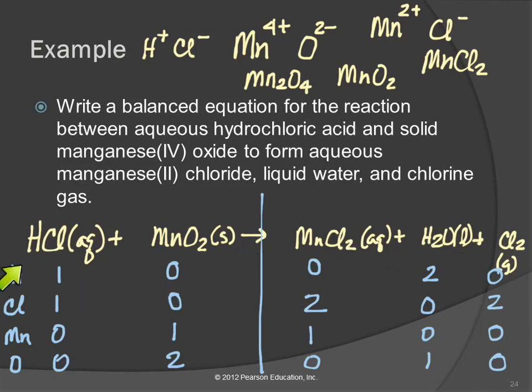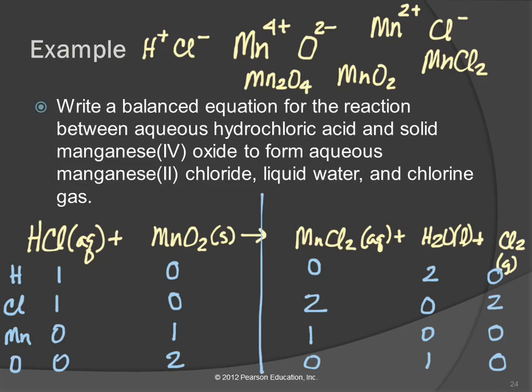Hydrogen's in one place on each side, oxygen's in one place on each side, and manganese is in one place on each side. So let's just start with hydrogen. If you start with one element and you get going and you feel like you're running in circles and you are finding yourself changing things you've already changed, stop and start over with a different element.